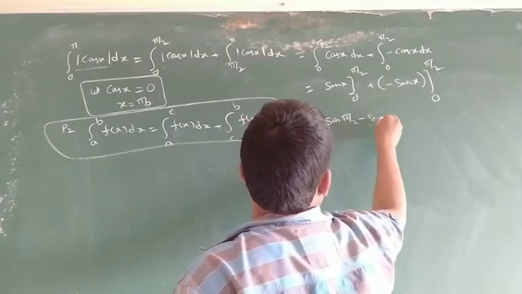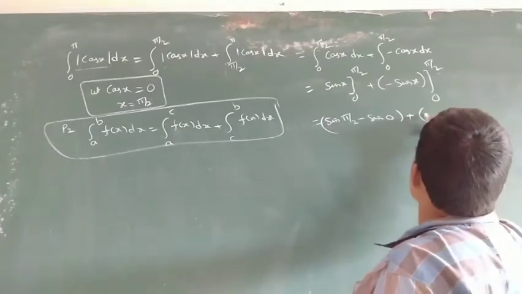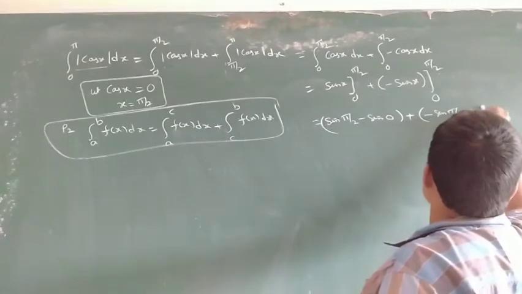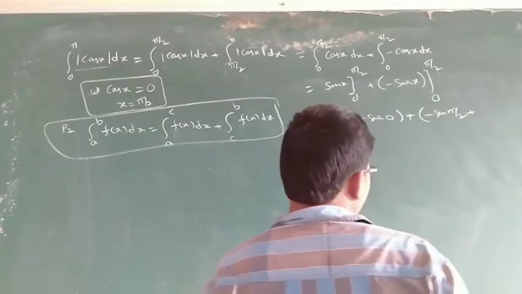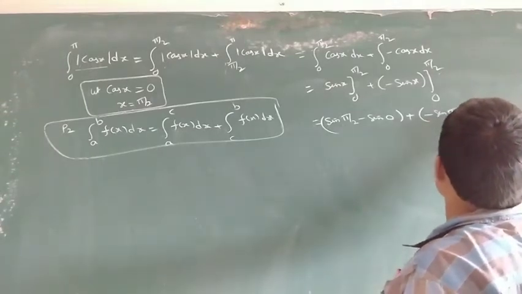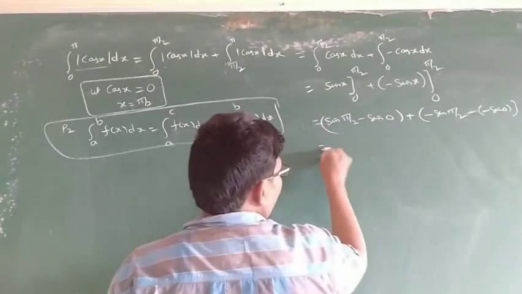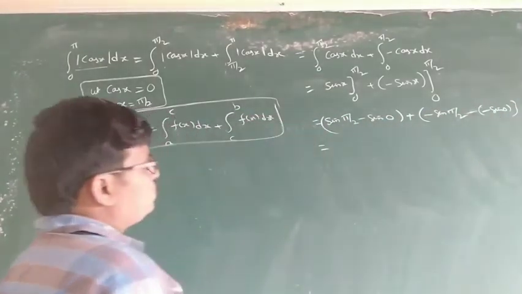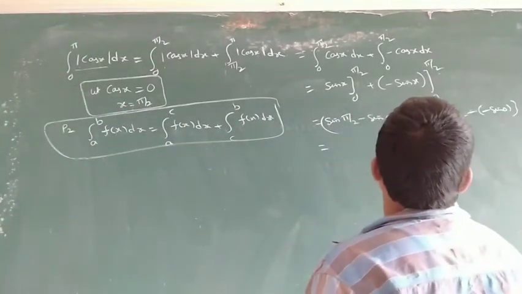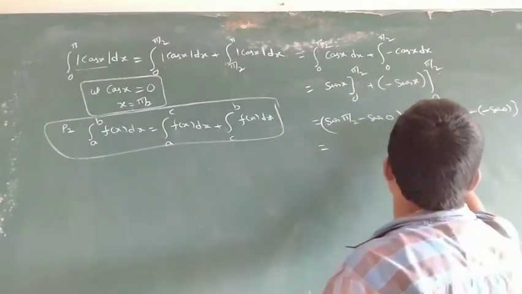First upper limit minus lower limit: sin pi by 2 minus sin 0, plus minus sin pi minus minus sin pi by 2.